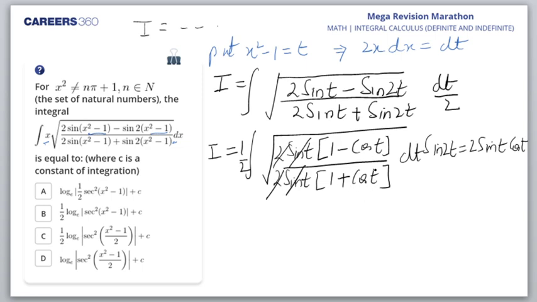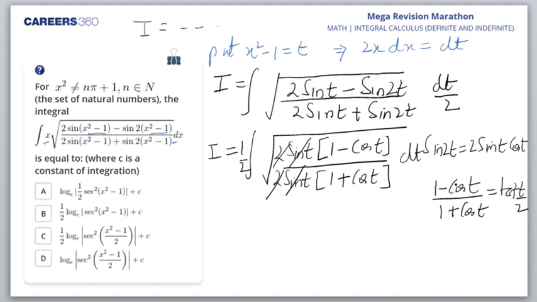Anybody who can give me the formula for 1 minus cos t upon 1 plus cos t? Yes, students, it is tan square t by 2. So 1 minus cos t, if you can remember, it is 2 sin square t by 2. And 1 plus cos t is 2 cos square t by 2.